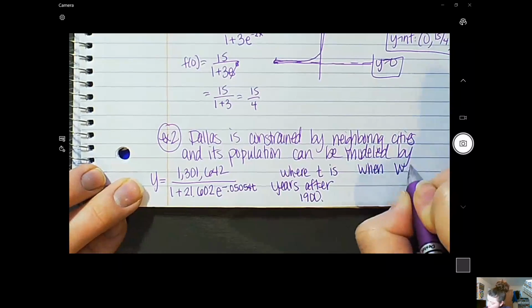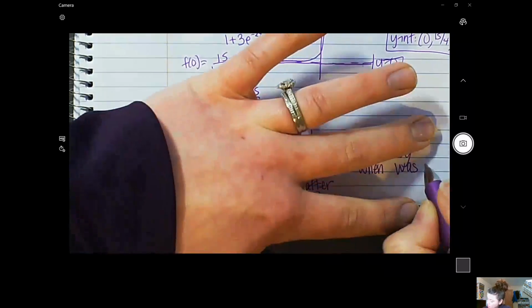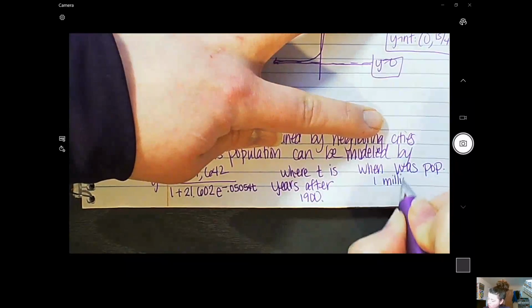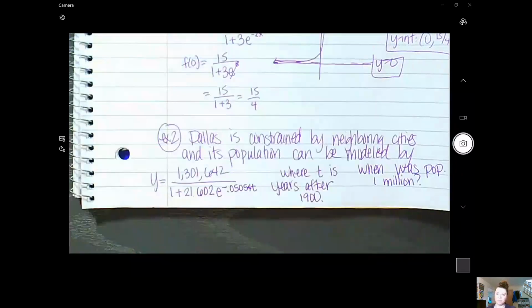When was the population 1 million? If you need to pause in order to write that equation down, that's totally fine.